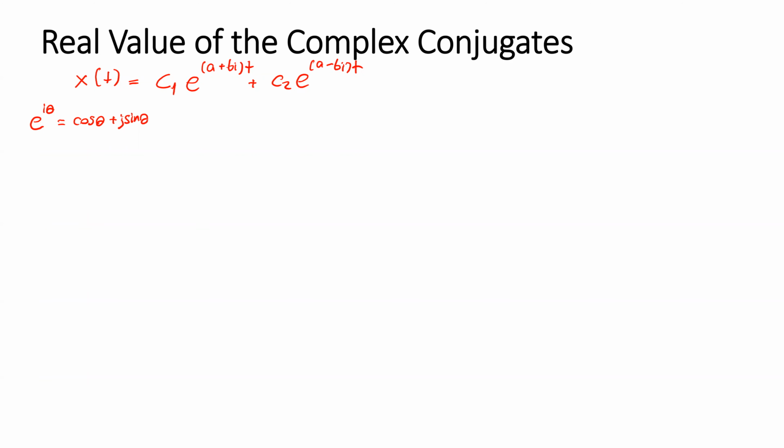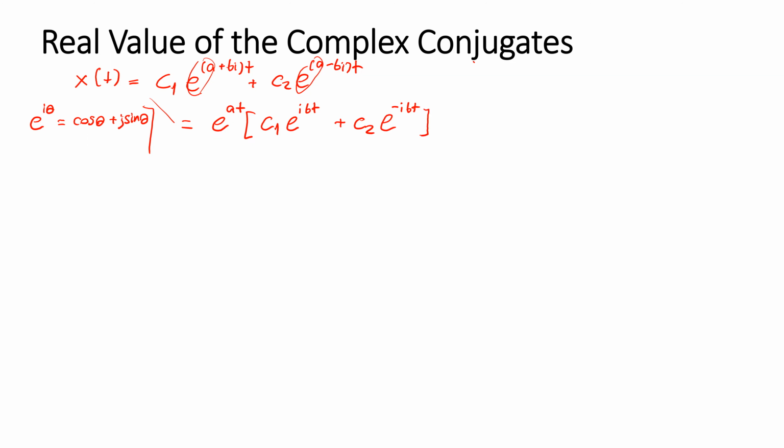The common term, it seems like both the first and the second term have e power at as a common term. And we have C1 e power j bt, right? And the second term C2 e power minus j bt.